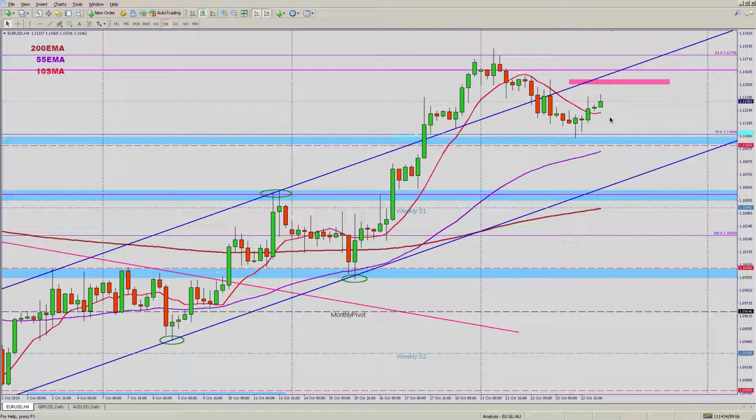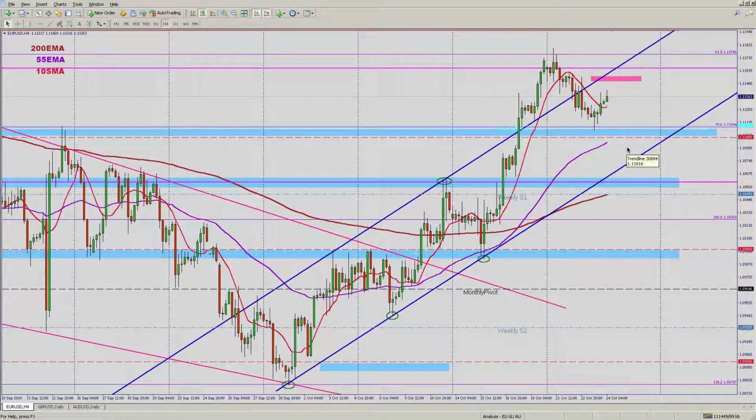And it's unlikely he's going to make any further changes at this time, which is already done in the last meeting, where he reduced the rates as well as introduced additional easing. So we'll see what the reaction is for the euro later tonight.